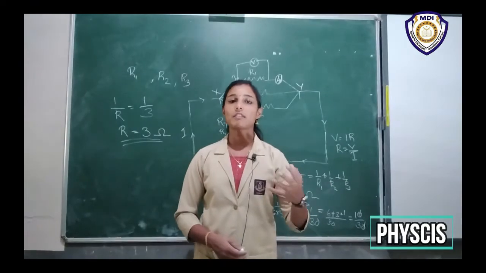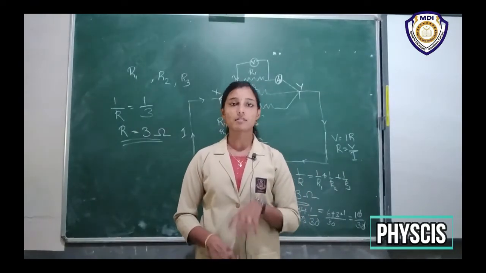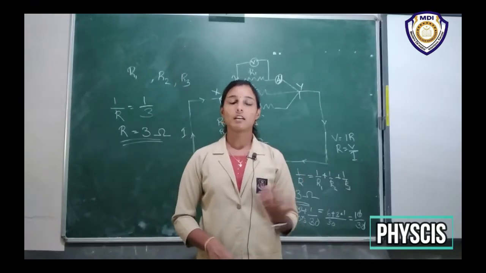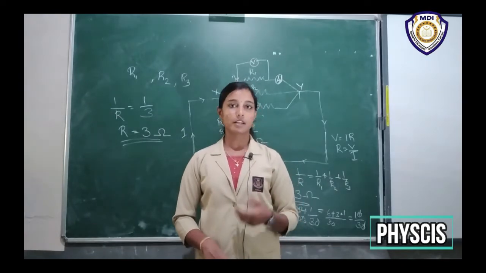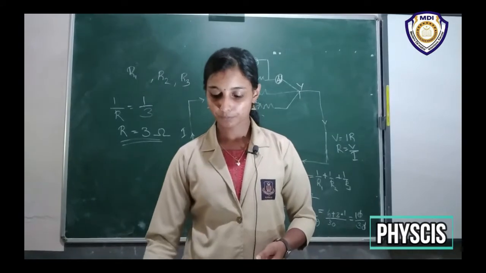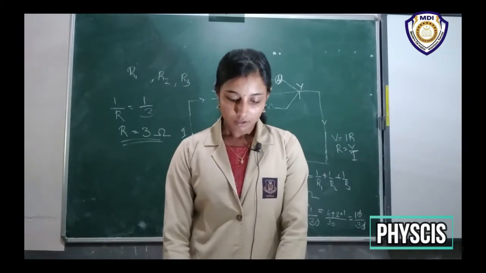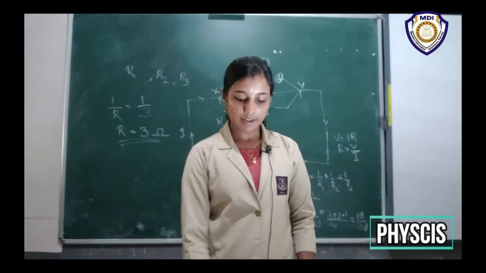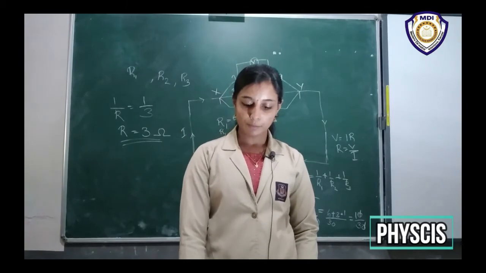The current a bulb needs to work will not be the same as what a heater needs. So that is the disadvantage of series connection that we have already discussed in the previous class, because they need widely different values of current to operate properly.